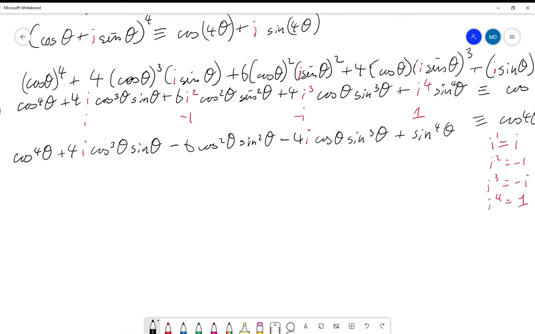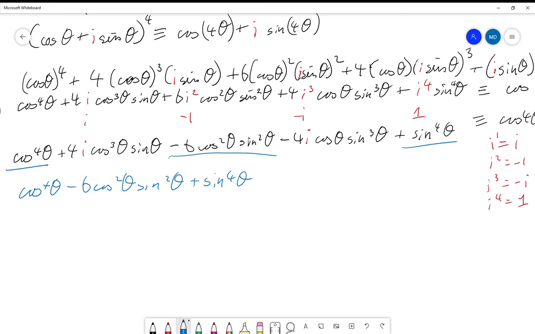So the real parts are cosine to the power of 4 theta minus 6 cosine squared theta sine squared theta plus sine to the power of 4 theta.